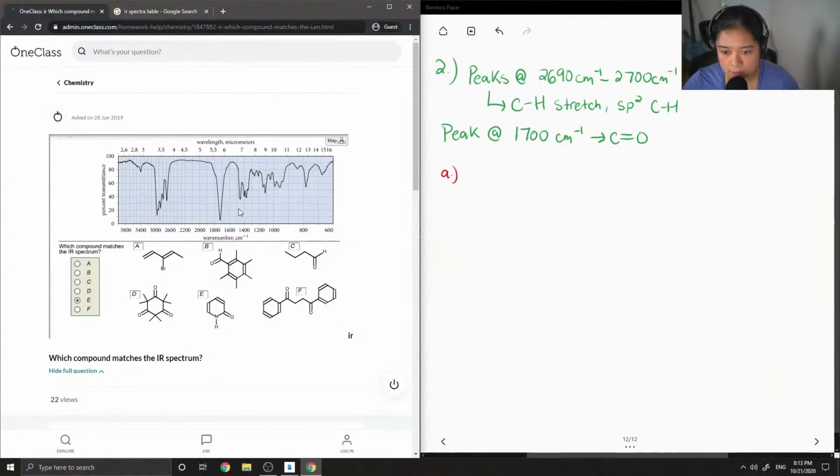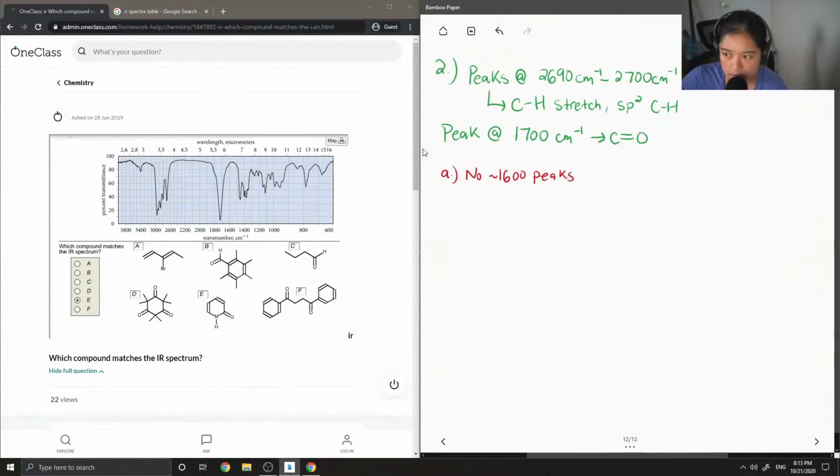And then you can see that that isn't present in our spectra. So let me just write down, there are no 1,600 peaks for double bonds. So we know that it's not A.